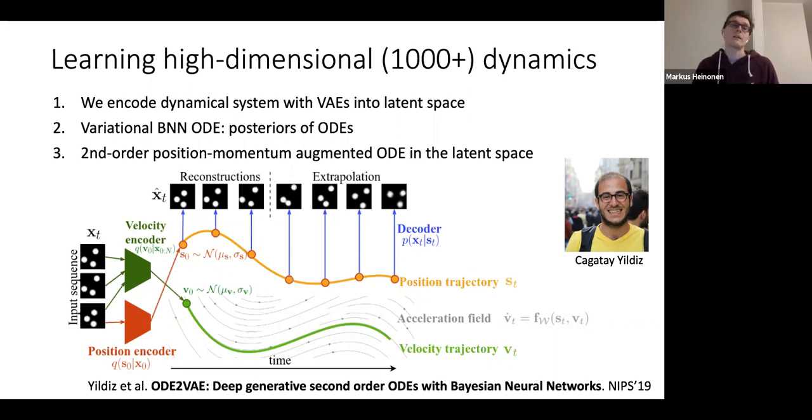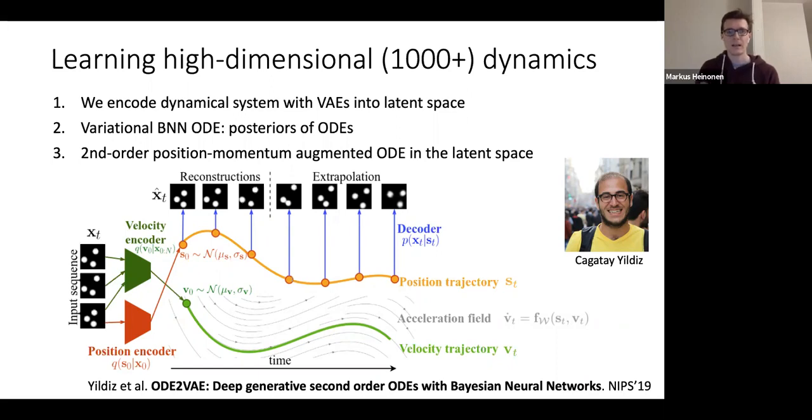And here we are encoding these frames down in latent space. We are defining a neural ODE in the latent space. It drives this state forward in time, and then we are decoding back to make extrapolation or forecasting, basically to have simulated dynamics or simulated video.